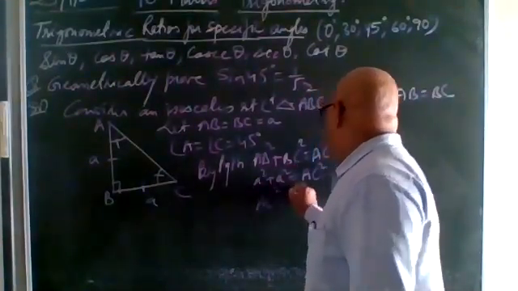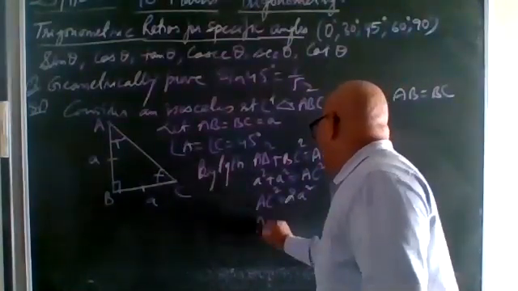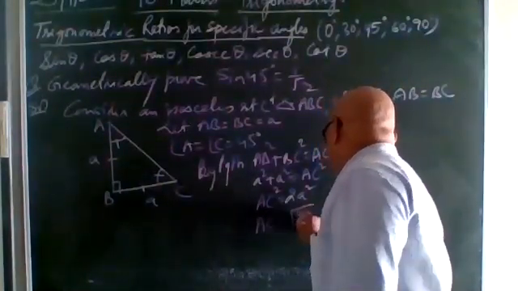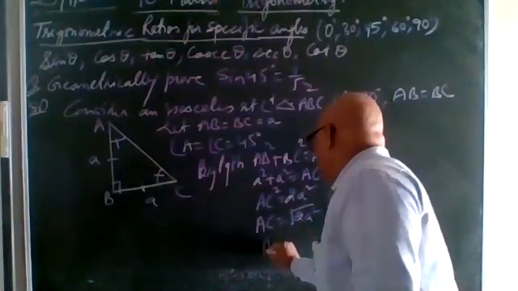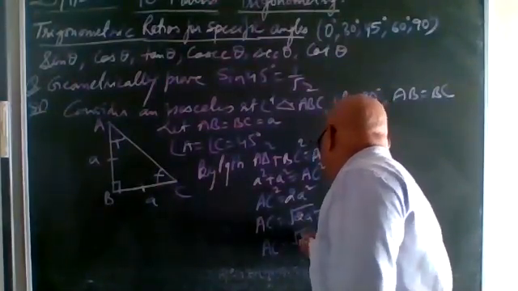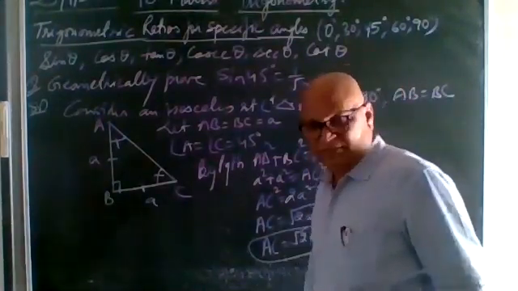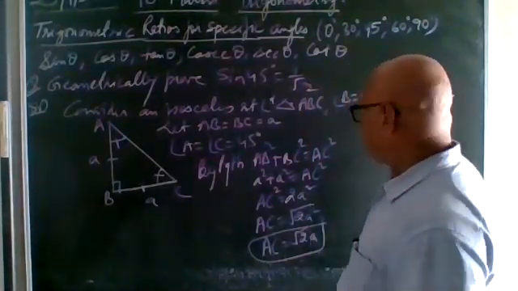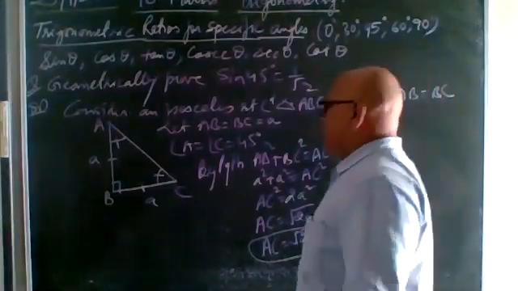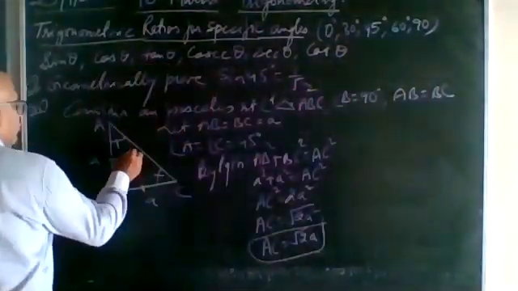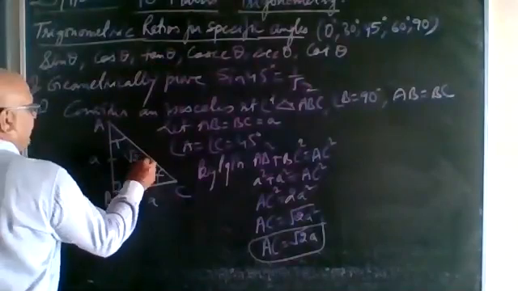AC square equal to 2A square. AC equal to root 2A. So AC is root 2A.